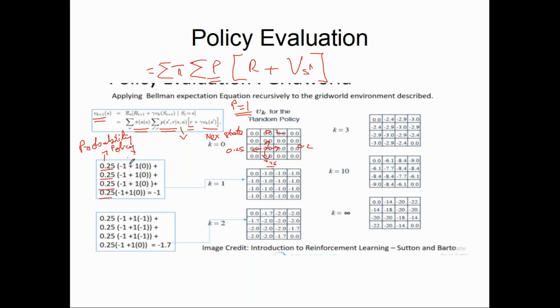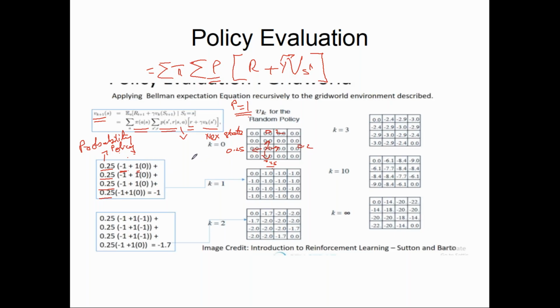Next, for every action they take, they get a reward. Reward is taken as -1 plus gamma, the discount factor. I missed out: the value of the next state is discounted by the discount factor.